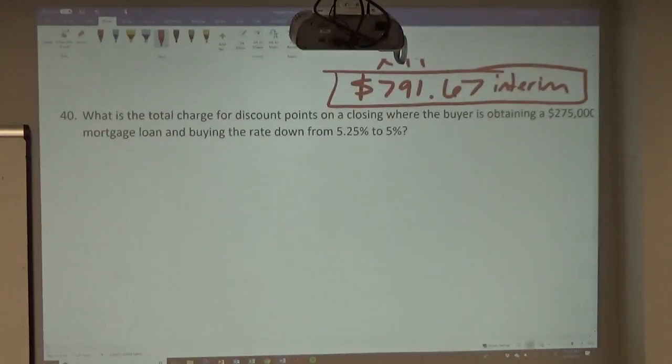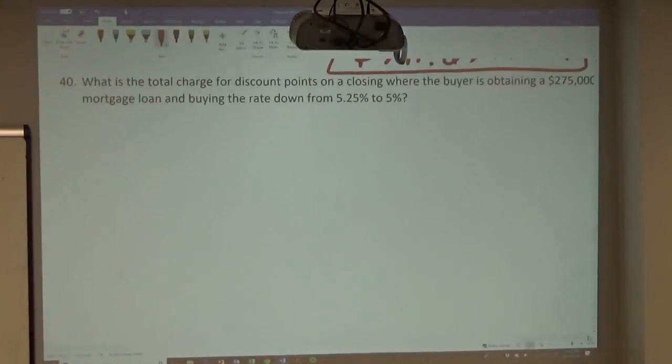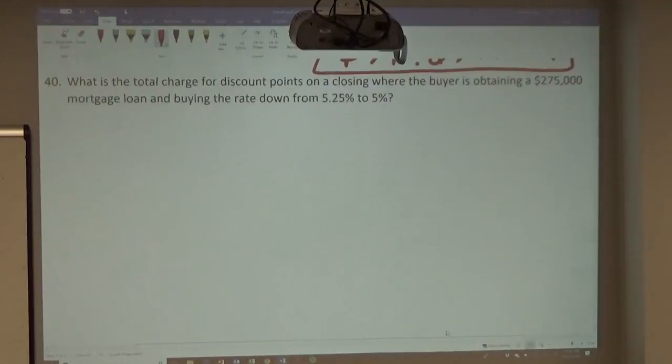Finally, number 40 is a discount points question. What would be the total charge for discount points on a closing where the buyer is obtaining a $275,000 mortgage loan and buying the rate down from 5.25 to 5%? Okay, so total charge for discount points, that's what they're asking us.